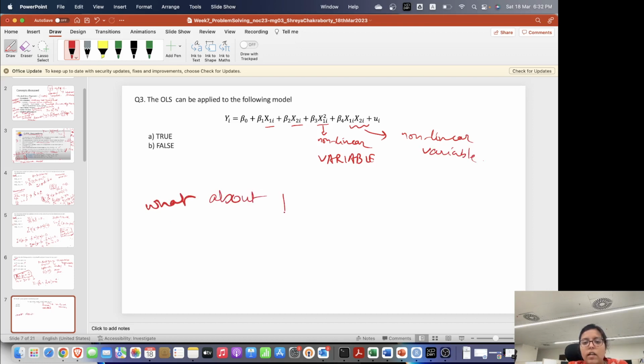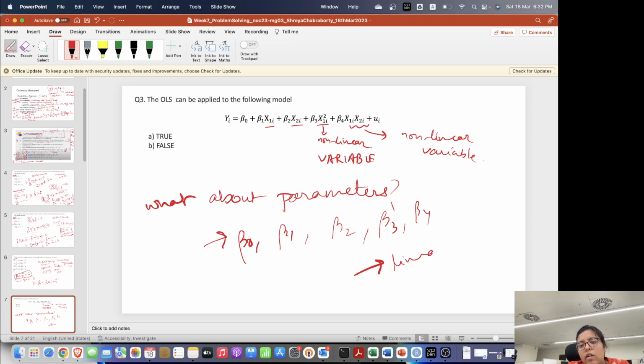Are they linear or nonlinear? Parameters mean the beta naught, beta 1, beta 2, beta 3 and beta 4. All of them have power 1, so they are all linear. We have no problem in fitting OLS.